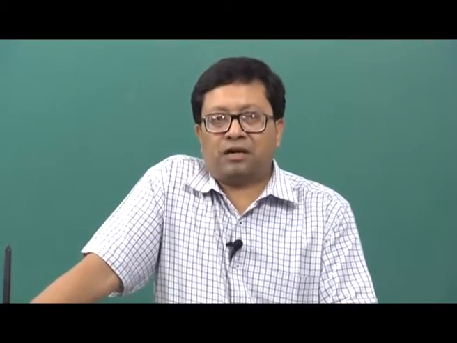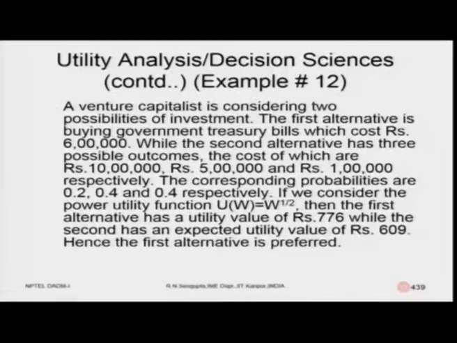So, consider an example for the utility analysis of the decision sciences. The situation is like this: a venture capitalist is considering two possibilities of investment. The first alternative is buying government treasury bills which cost rupees 6 lakhs, while the second alternative has 3 possible outcomes, the costs of which are 10 lakhs, 5 lakhs and 1 lakh respectively, and the corresponding probabilities of these outcomes are 20%, 40%, 40%.